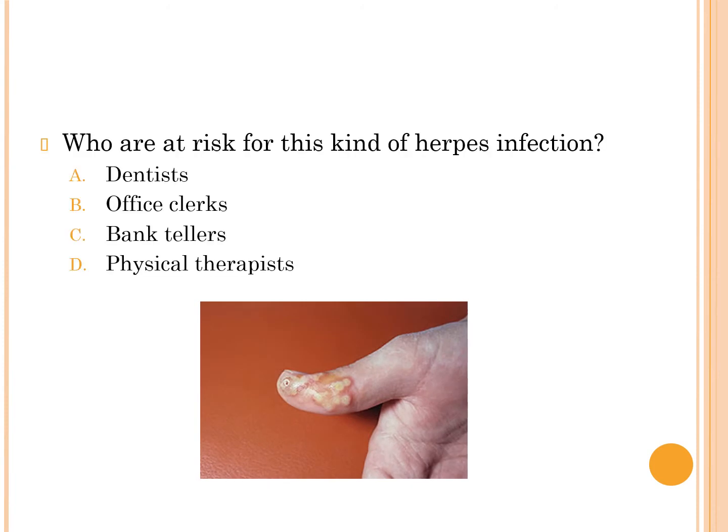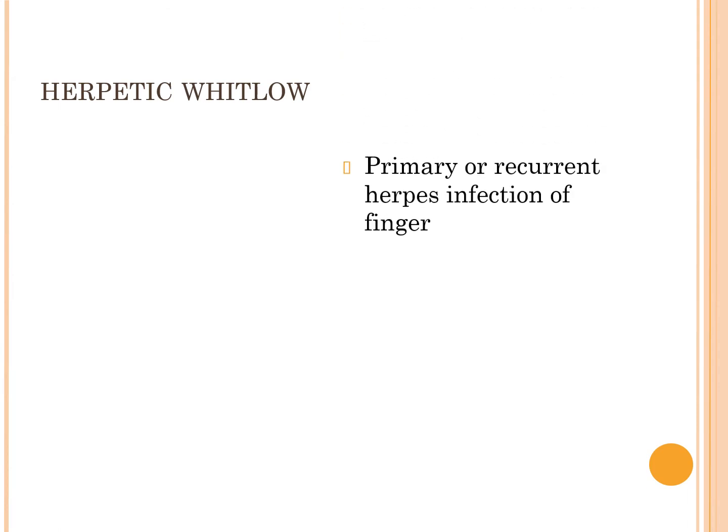Next question. Who are at risk for this kind of herpes infection? Would it be dentists, office clerks, bank tellers, or physical therapists? And the answer is dentists. This type of HSV-1 infection is called Herpetic Whitlow.